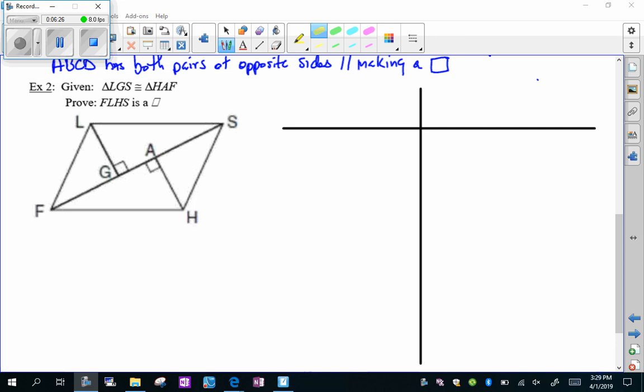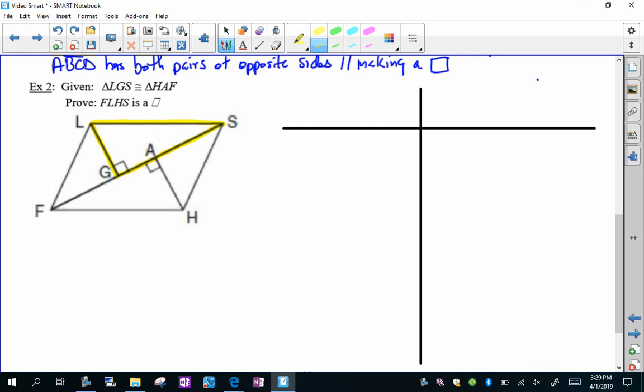All right, number 2. It says given triangle LGS is congruent to triangle HAF. I have my highlighter out already, so I'm going to do that. So LGS is congruent to HAF.